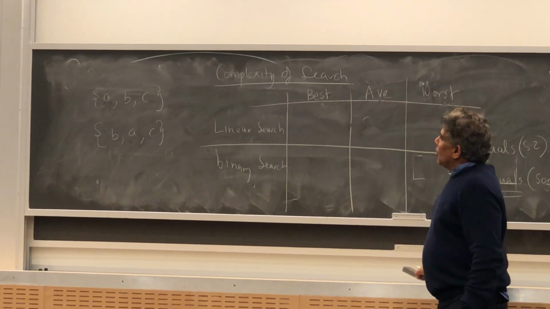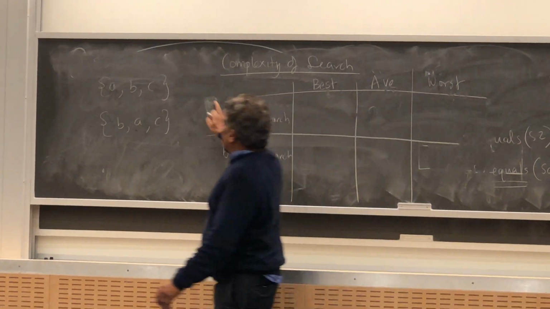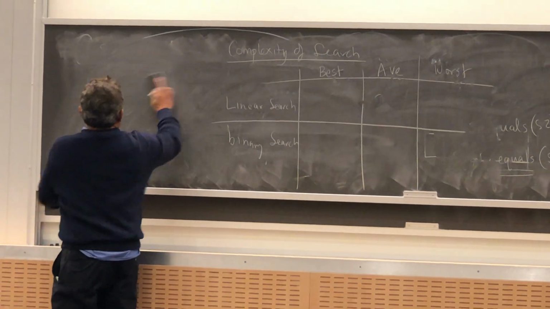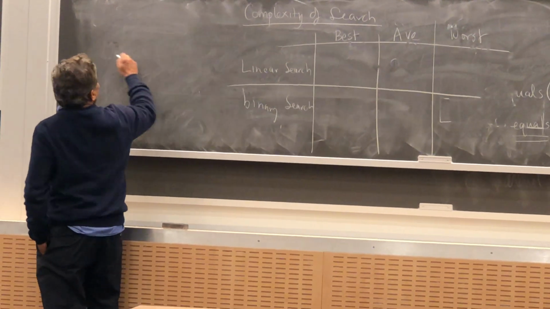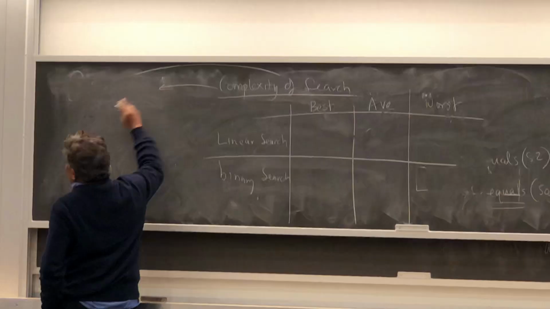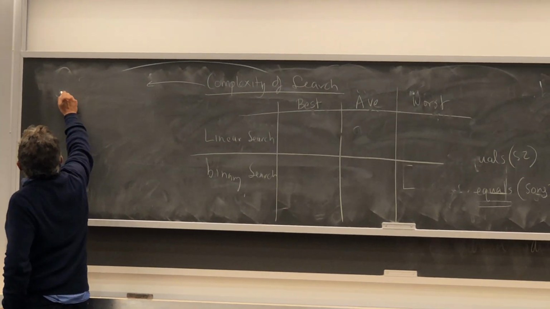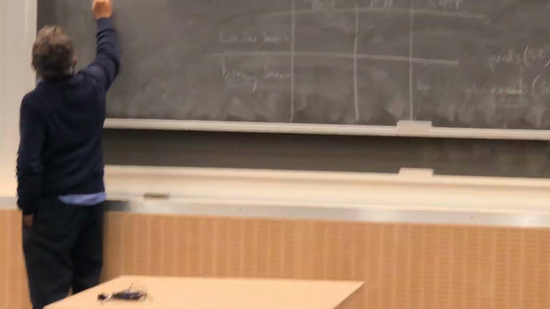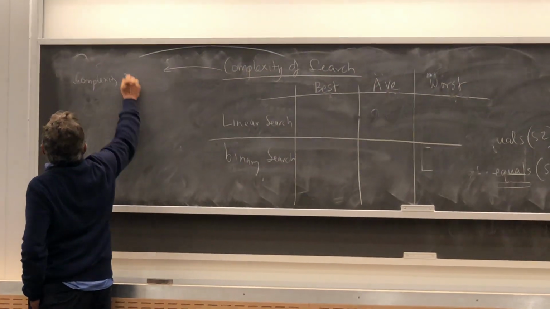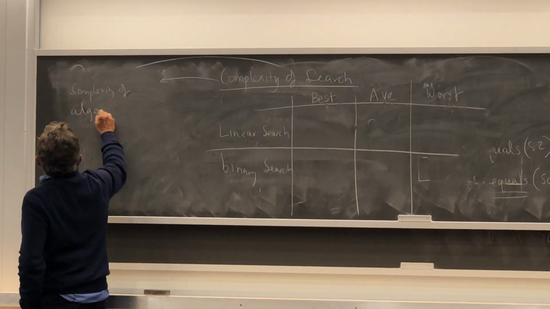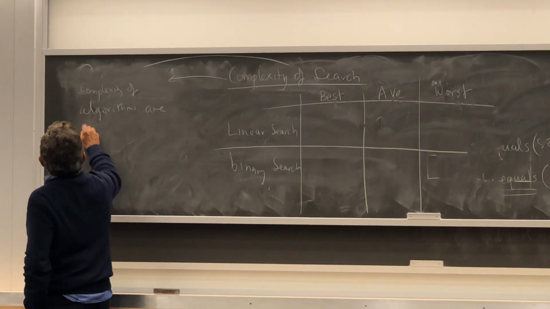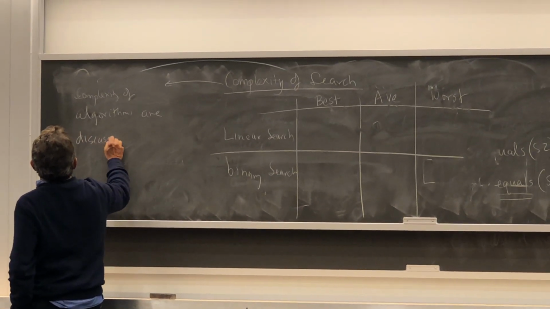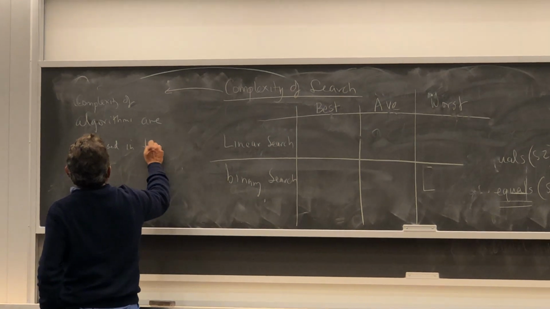Okay? So when we talk about complexity, I think we mentioned prior to Thanksgiving, the complexity of search or anything, complexity of algorithms, is discussed in terms of n.